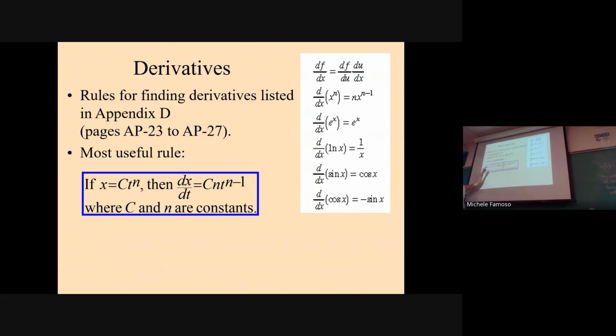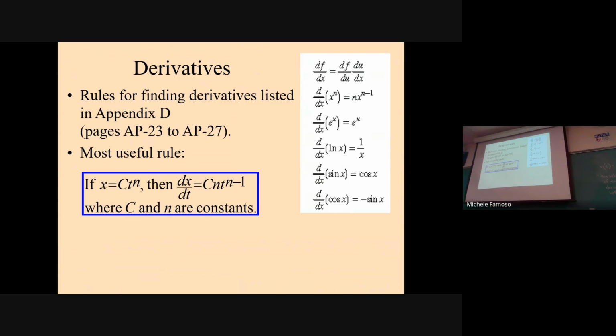To evaluate that position function's derivative, where t is the variable, how do I know that? Because it's in the denominator of this derivative function. What I do is I keep my constant out front. I take that power of n, I move it out front, and then I subtract 1 from the power. That's how that derivative is evaluated, okay? So let me show you how that's done.